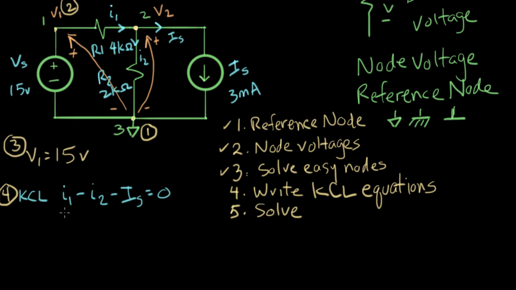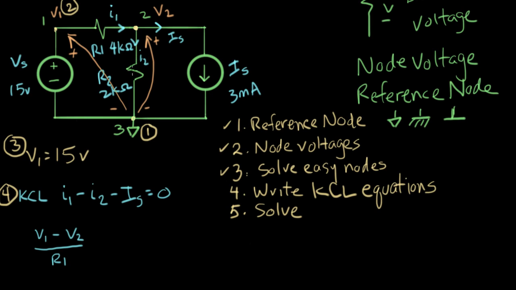We're going to write these currents in terms of the node voltages. So we could write I1. I1 is the current flowing this way through this resistor. I1 equals V1 minus V2 over R1. That's the current flowing in resistor R1 in terms of node voltages.